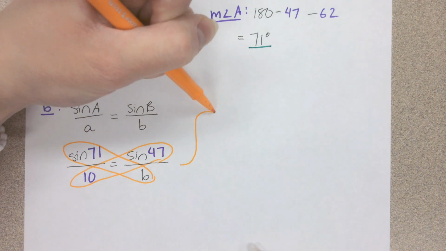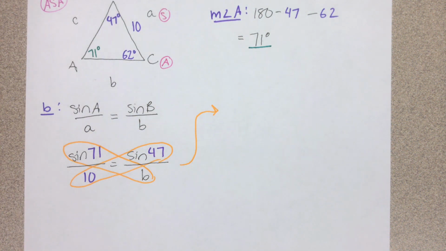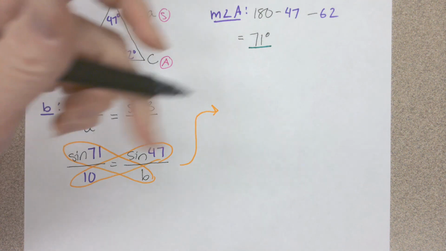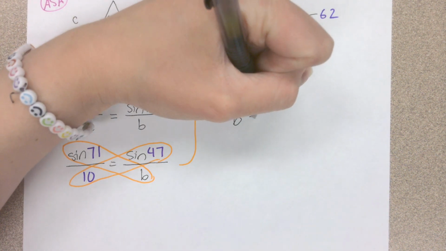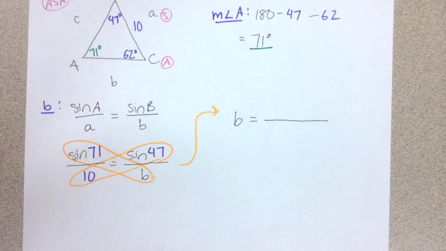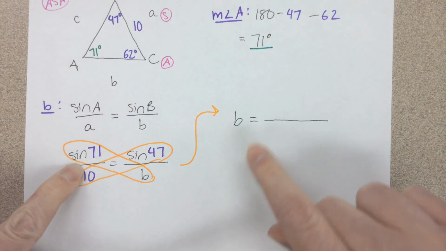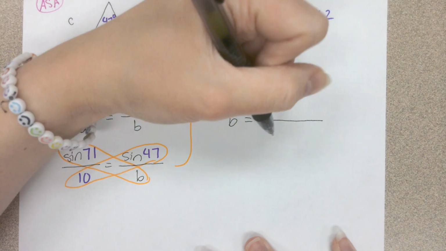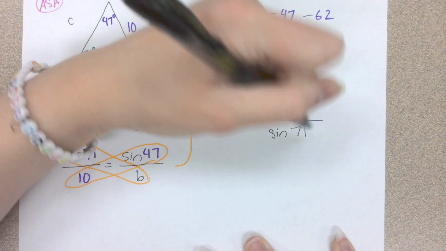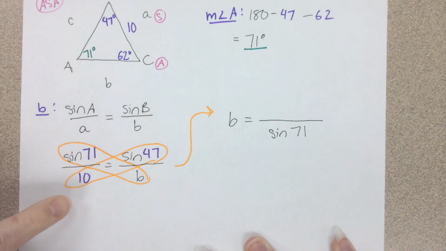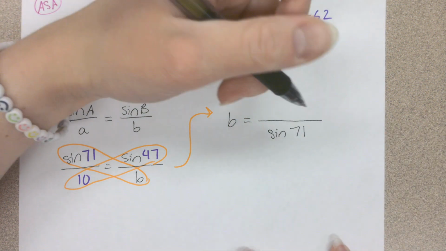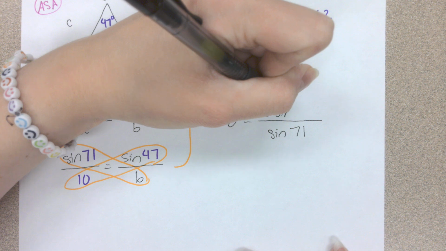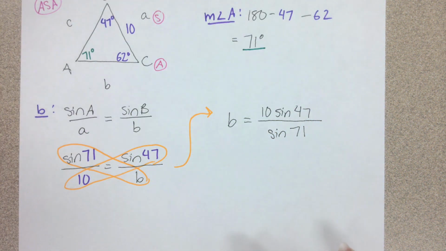I'm just going to go up and over here. So if we were to do the algebra, this is how it would end up. Whatever gets crossed with b, that's what we're going to divide by. So that goes on bottom. So the other two numbers that get crossed, those will be multiplied on top. 10 sine of 47. There's the setup.